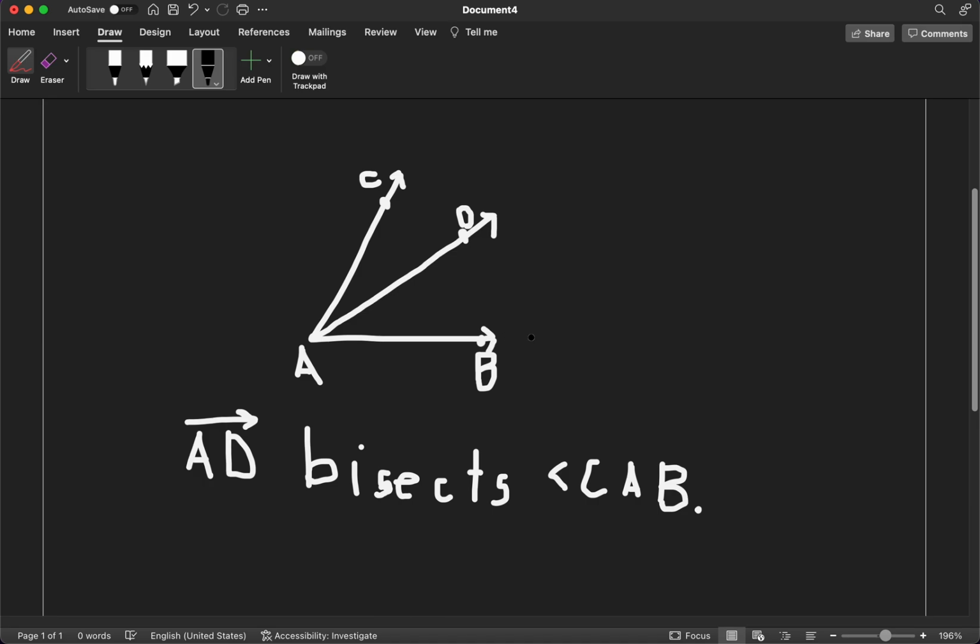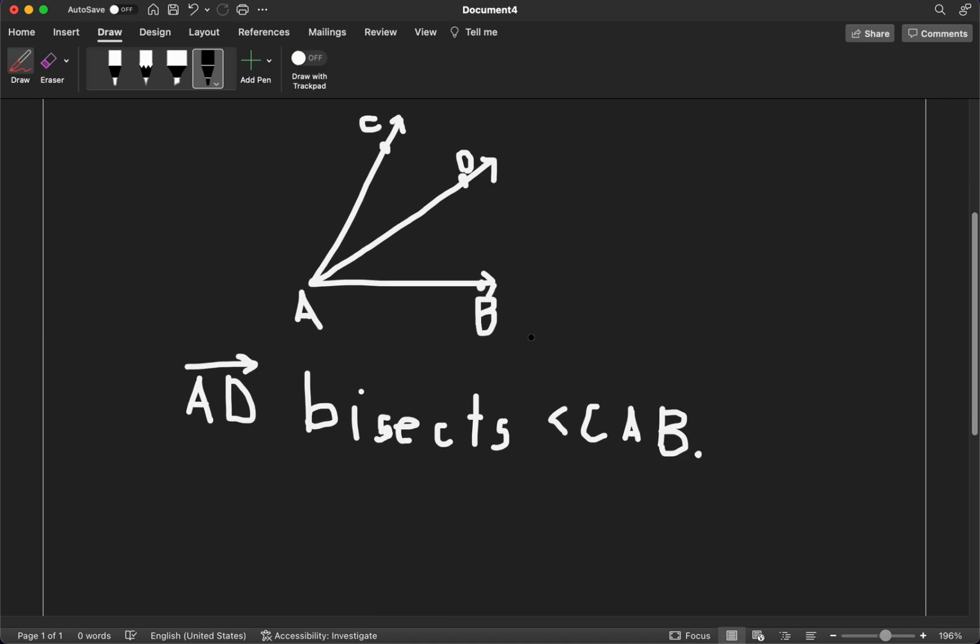All right, now the next step is, what if I knew what one of those sides was? What if I knew that this one was 28 degrees? If I knew that angle DAB is 28 degrees, and I knew that AD bisects angle CAB, then I also know that, I better write that down.